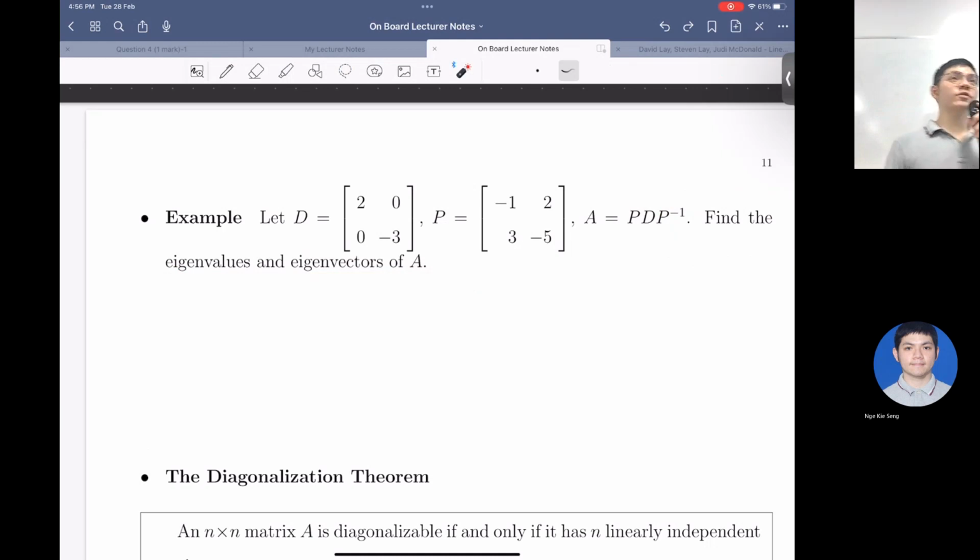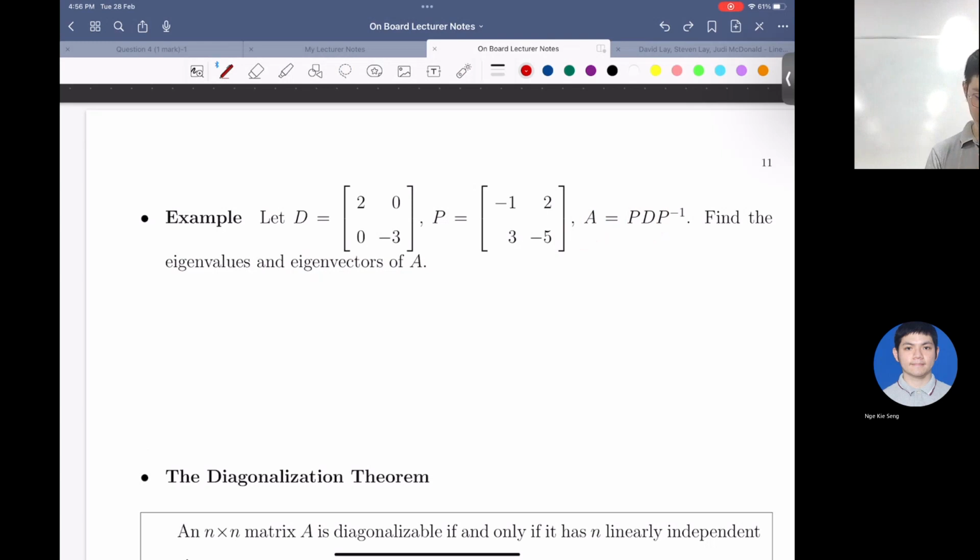Two similar matrices have the same eigenvalues. In this case, A and D are similar, so A has the same eigenvalues as D.